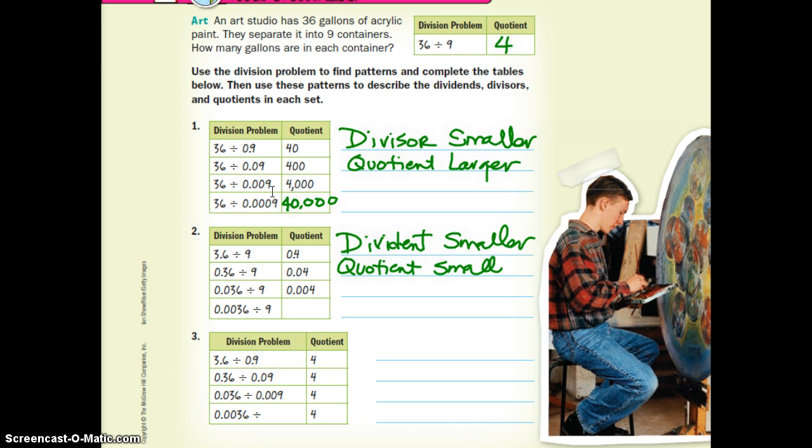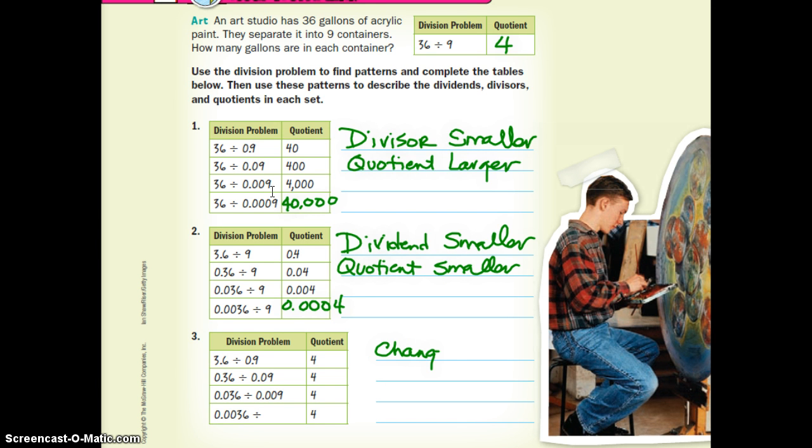Why? Because the number that we're multiplying into is small, therefore we're not going to have much left in our answer, dividend. So then this one will be 0.0004. And then the last one, we're going to change both simultaneously with the same degree.